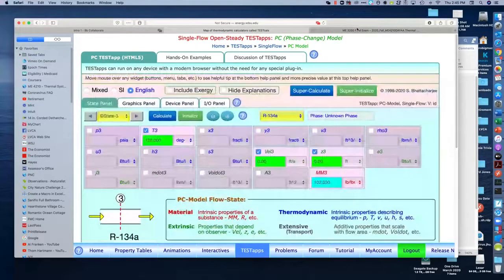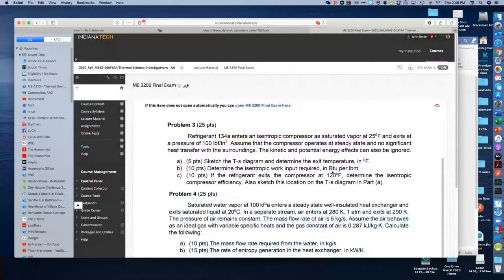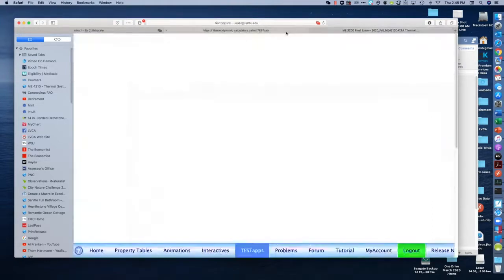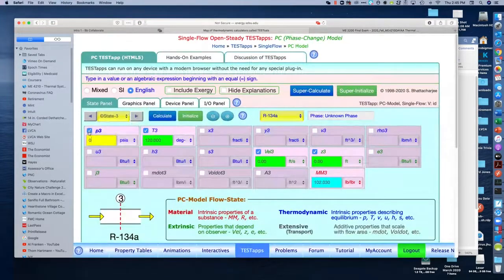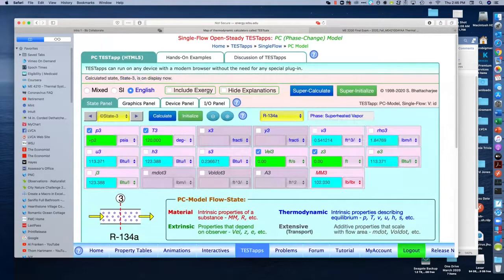Well, we go back and we see that if this is the actual temperature, we make the assumption that it exits at 100 psi at this higher temperature. Okay, and so we go back and we know that the pressure is actually equal to the pressure that we had specified at state 2, which corresponded to the 100 psi.